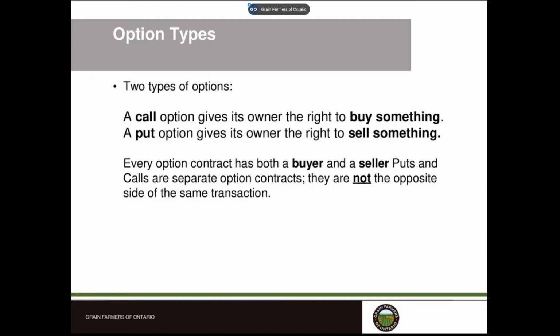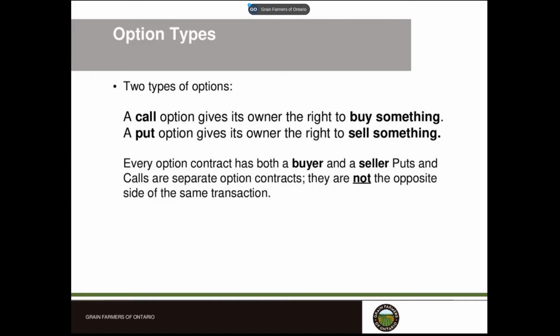But in this case, we're confining the options to futures contracts because that's what we're concerned with. So when we say an option gives the owner the right to buy something, in the futures market, it gives you the right to buy a futures contract. If it was in an art gallery, it would give you the right to buy a piece of art. Now, that's the first type.